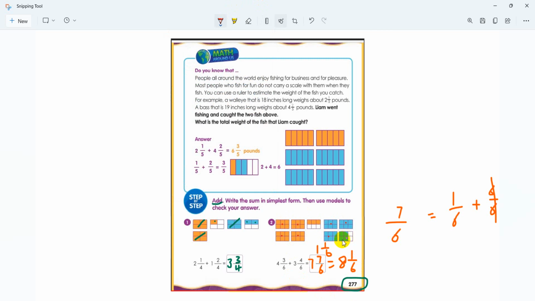Then 1, 2, 3, 4, 5, 6, here is 1 fully shaded. So we have 8 fully shaded shapes, okay, and 1 only part out of 6. So the answer is 8 and 1 out of 6. Okay, that's about number 2.